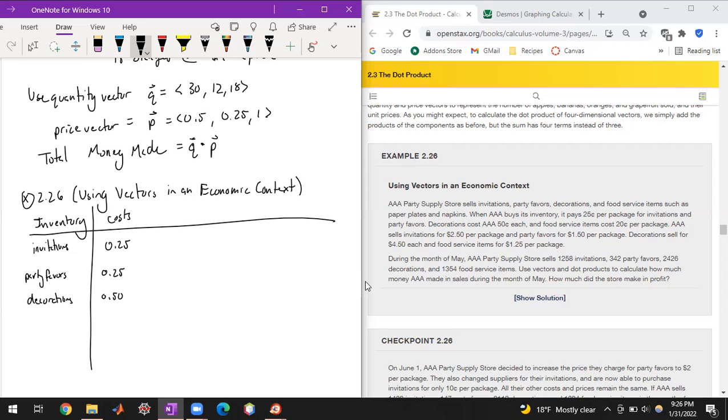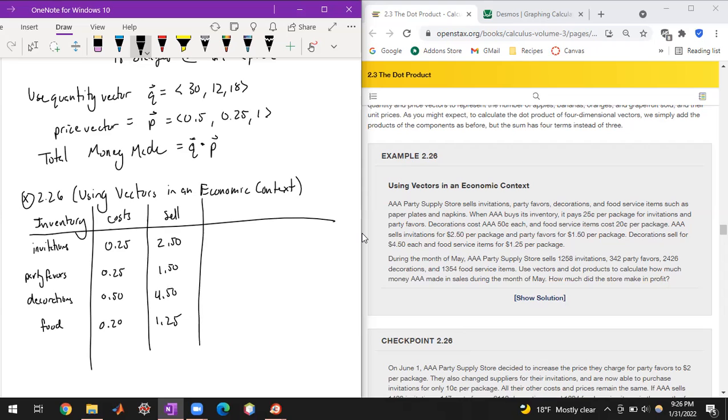And food service items cost 20 cents per package, so food is 20 cents. Now let's take a look at how much they sell them for. The invitations for $2.50, so 10 times as much. Party favors for $1.50. Decorations sell for $4.50 each, and food for $1.25.